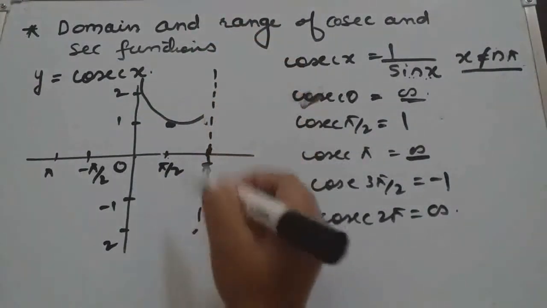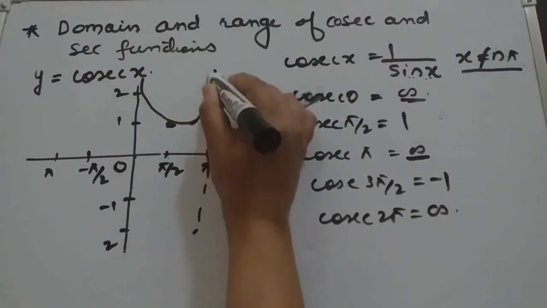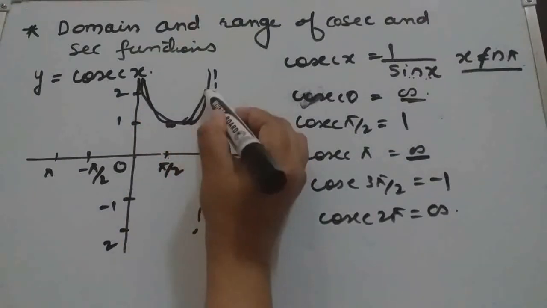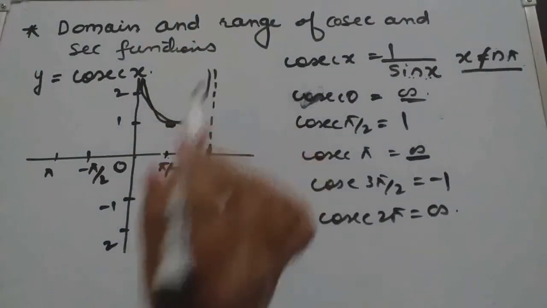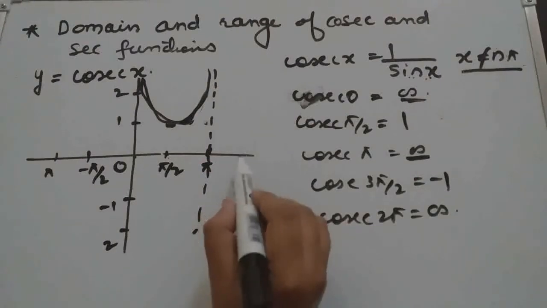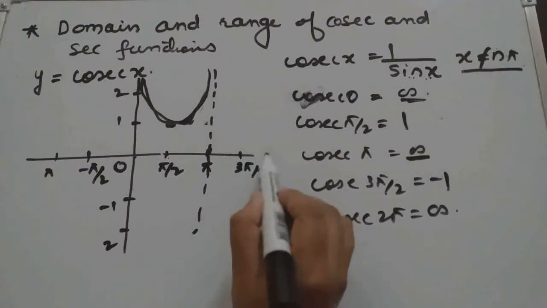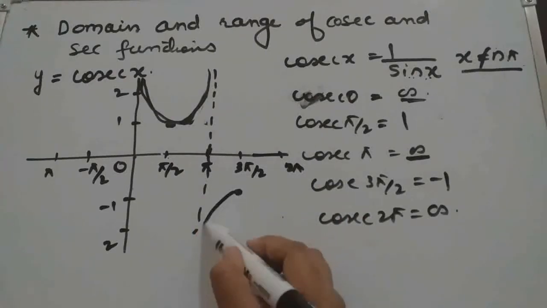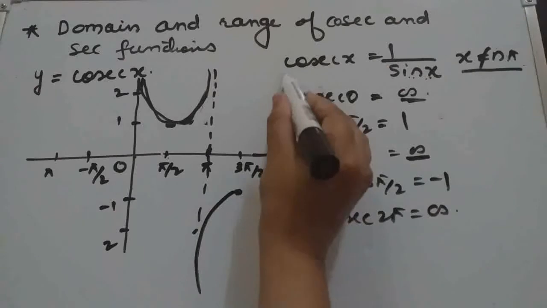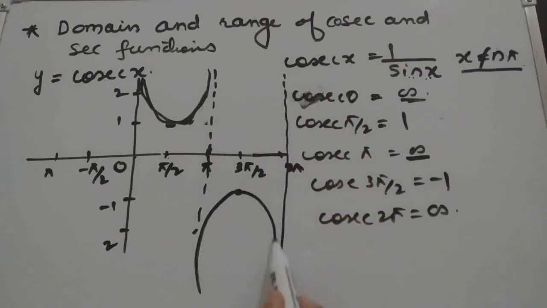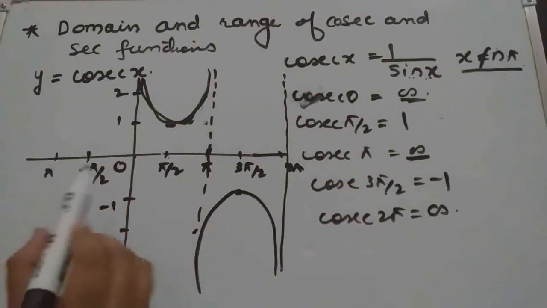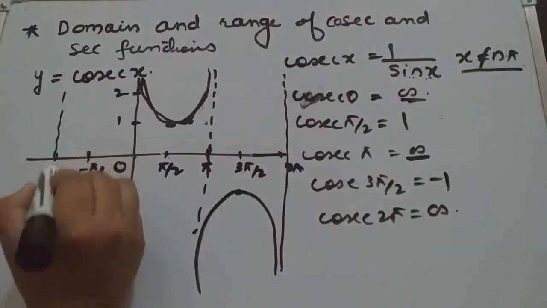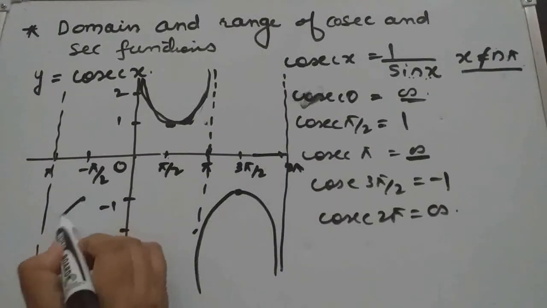Suppose this is pi, infinite. Okay, like this it will come. Similarly here also, 3 pi by 2 and then 2 pi. So 3 pi by 2 is minus 1, and at pi infinity, and at 2 pi also infinity, so like this it will come. Same here also, at minus pi by 2 it will be minus 1, isn't it? And here at pi it will be infinity, so like this it will come.